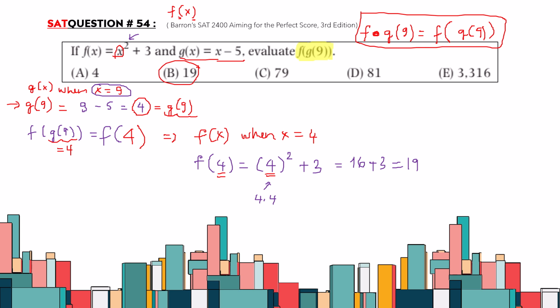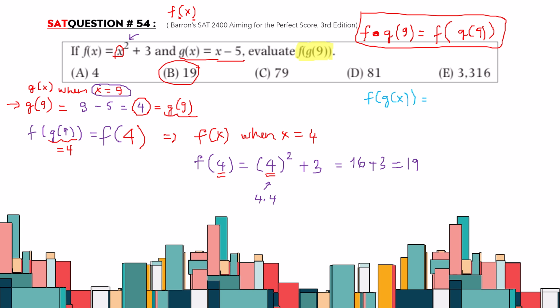So this is the easy way to solve this problem. But we also have another method to solve it straightforward. When I have f of g of 9, I can find out what f of g of x is first.